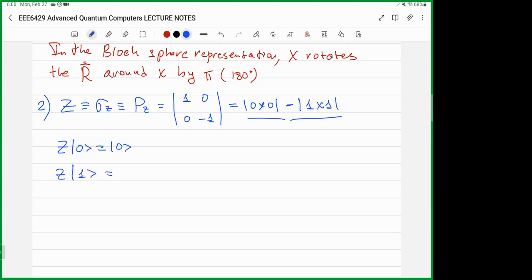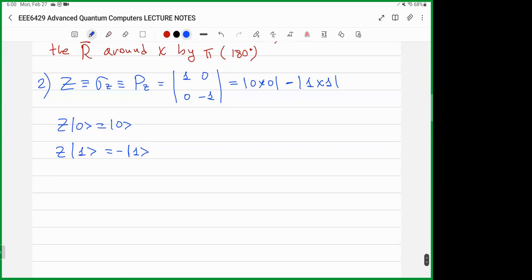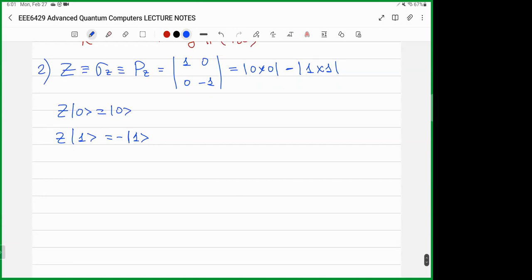I will get basically minus the same state. So what changes is only the phase of the state, but the probability of finding this state doesn't change at all after application of this Z gate.